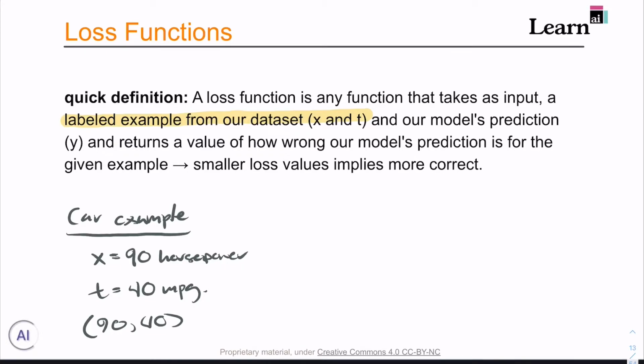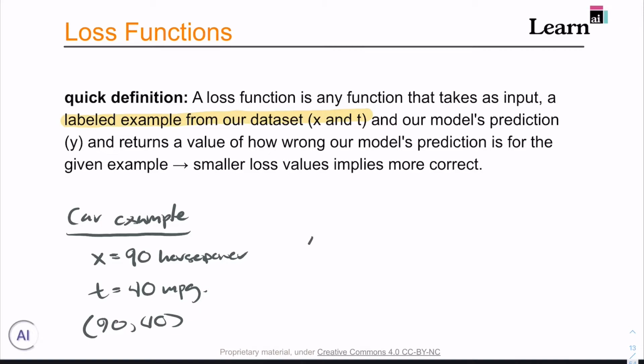So our loss function takes this as input and our model's prediction, y, and it returns a value of how wrong our model's prediction is for the given example. We're basically comparing the output of our model, y, to what it should be approximating, which is t.